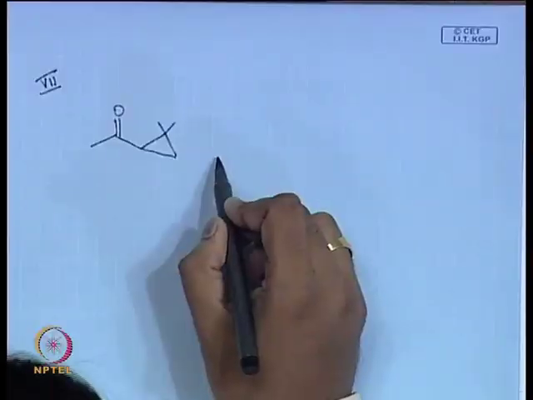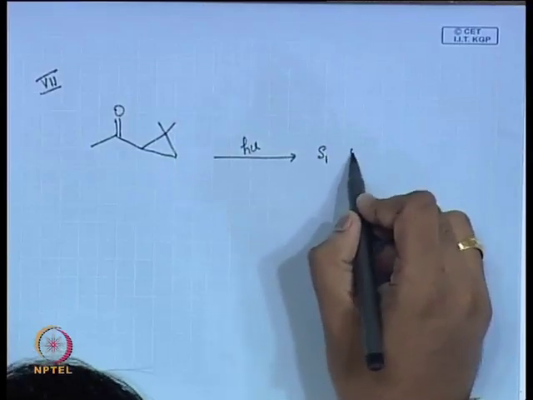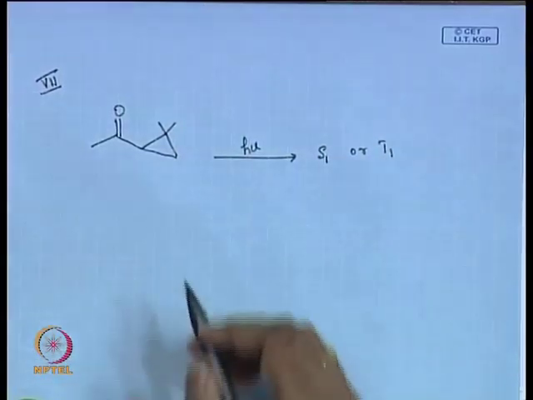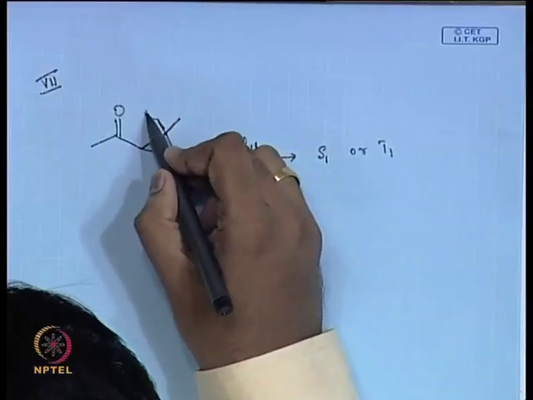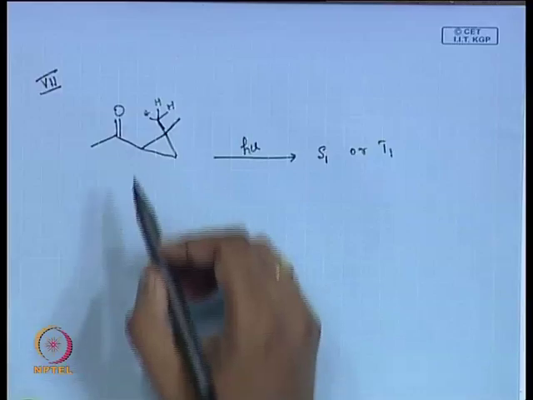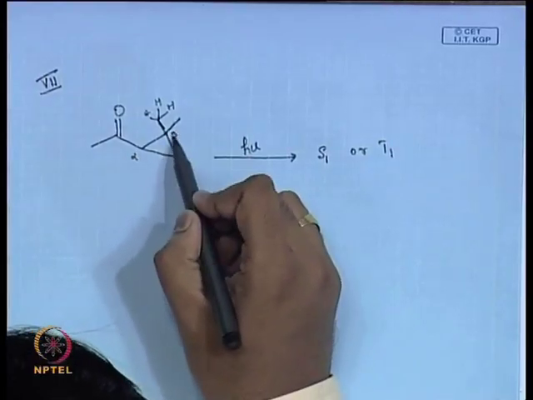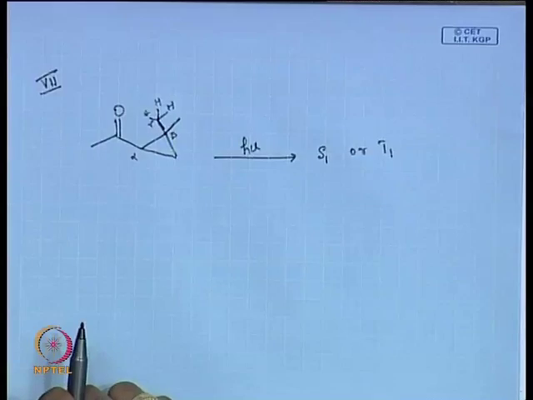So, now if I photolyze this one, you can say I will get S1 or T1 because it is an aliphatic ketone. Now, you have a methyl here, right. So, I can say this is alpha, beta and this is my gamma carbon. So, it can start abstracting hydrogen from there also, no?